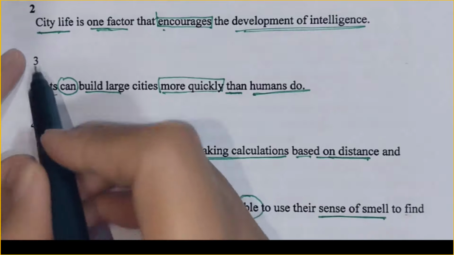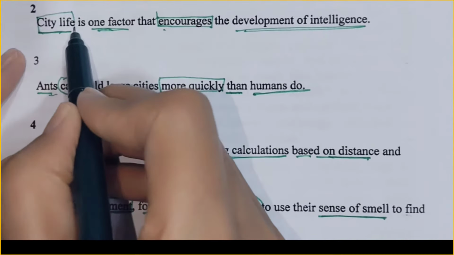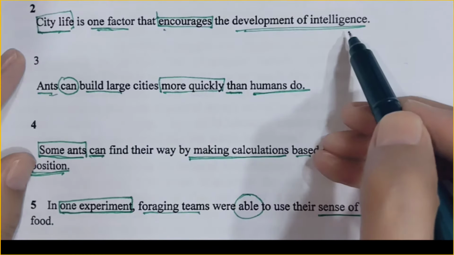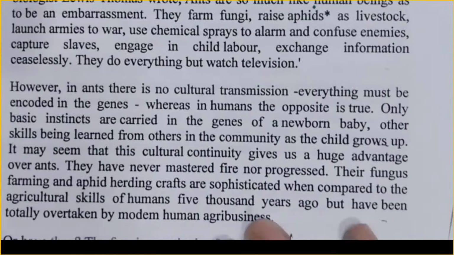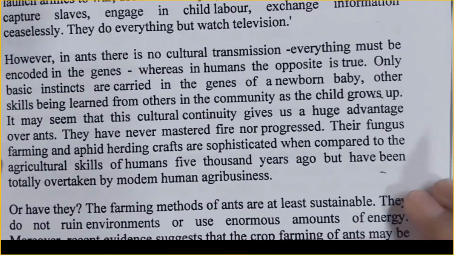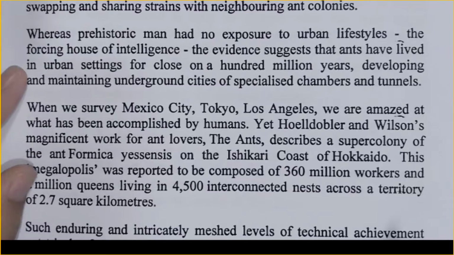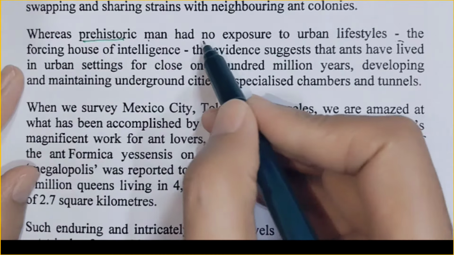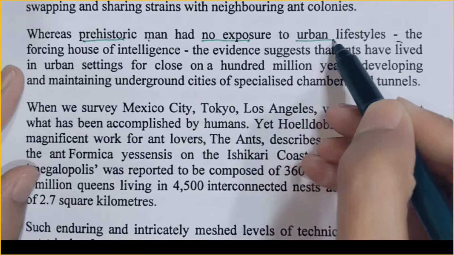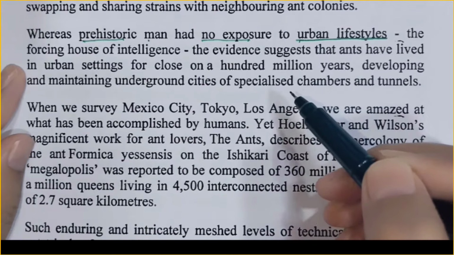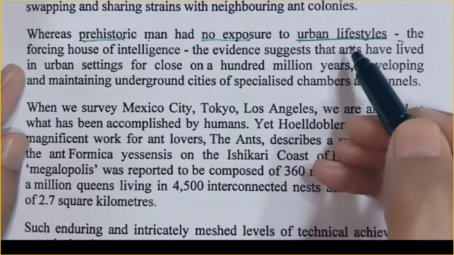Next, city life is one factor that encourages the development of intelligence. So first we will find out the area of answer. Whereas prehistoric men had no exposure to urban lifestyles, the forcing house of intelligence. So the ancient man was not having any exposure to urban lifestyles.